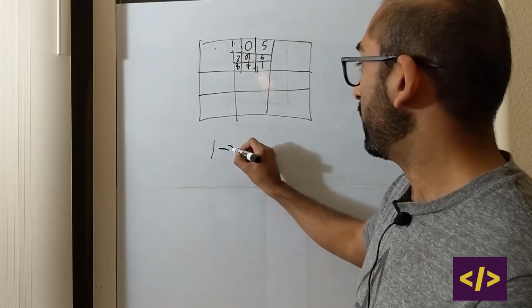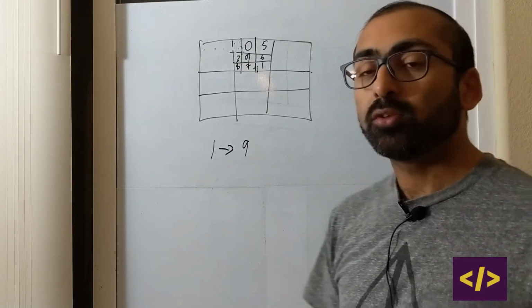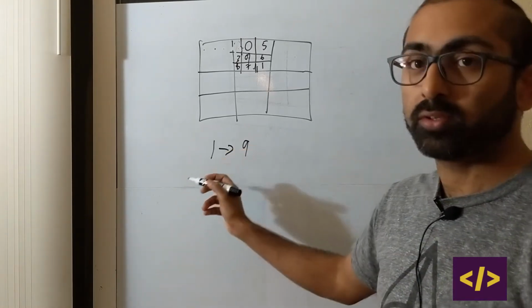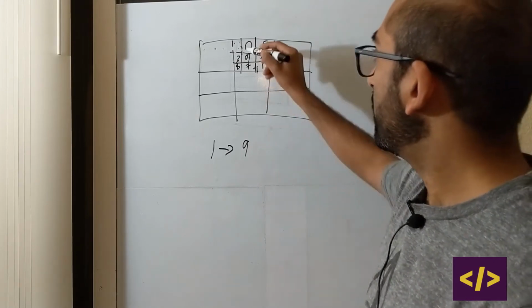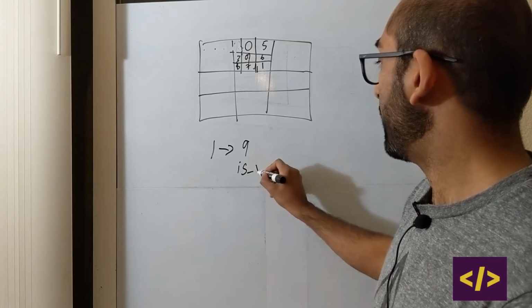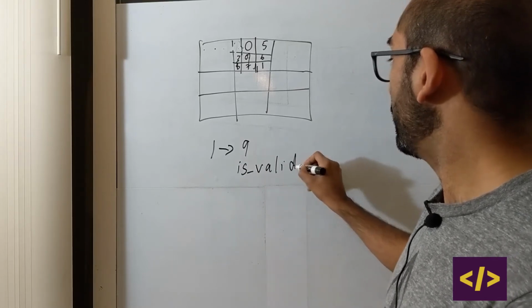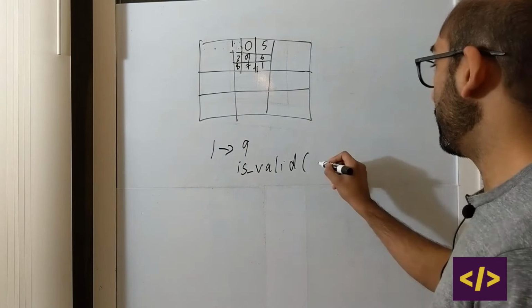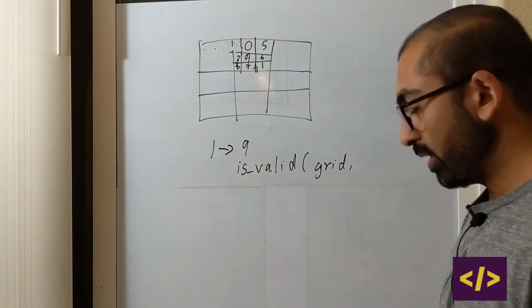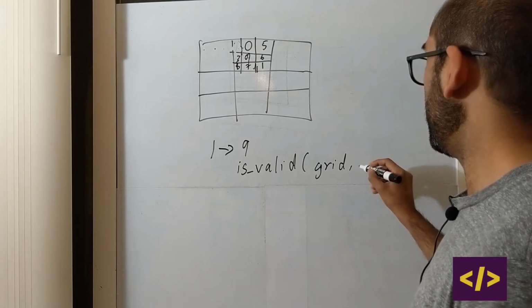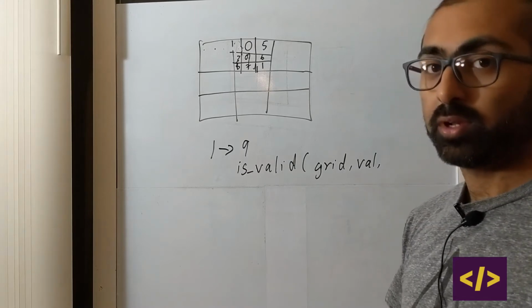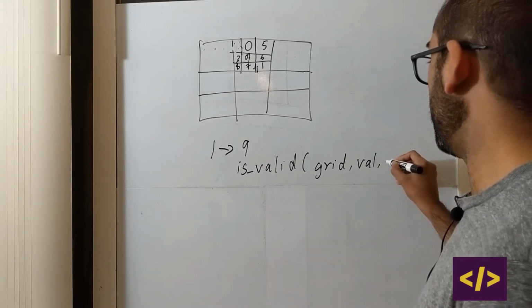You can try all values from 1 to 9. Let's start with 1. We're going to check if 1 is a valid number by calling another function called isValid. What are we going to pass? We're going to pass in the grid, the value that we want, and also the index.